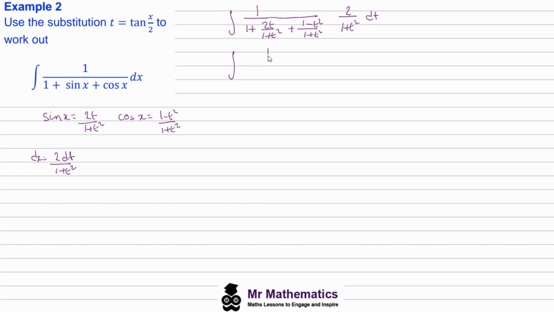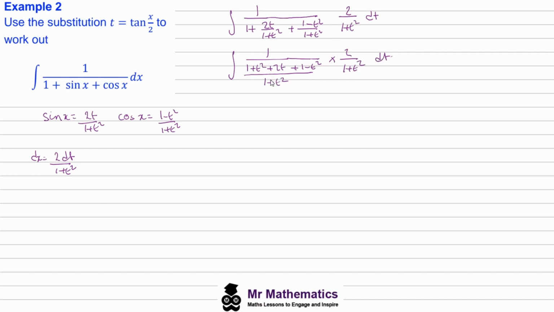So we have the integral of 1 over 1 plus t squared plus the 2t plus 1 minus t squared all over 1 plus t squared multiplied by 2 over 1 plus t squared integrated with respect to t.